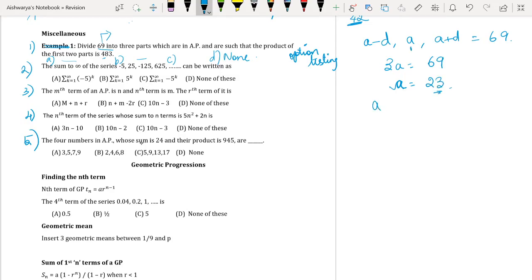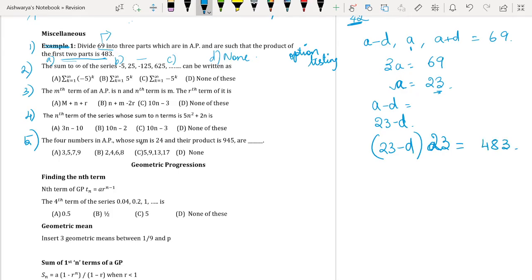Your first term, a minus d, we don't know, so the first term will be 23 minus d. Now the product of the first two parts is 483, so 23 minus d into a, which is 23, is equal to 483.